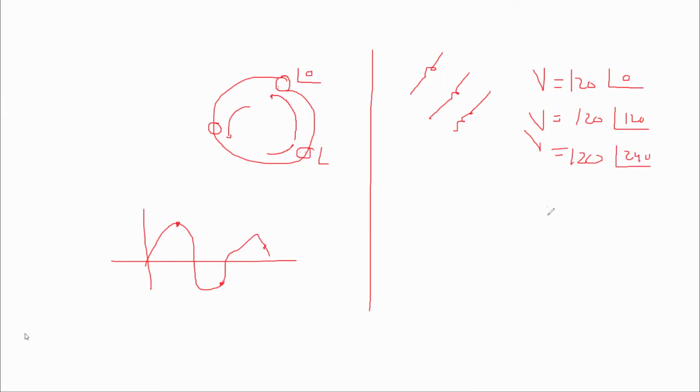Or maybe the first one 0, the second one 240, the third one 120. But the difference between the three coils, because they're located on a full circle, is 120 degrees.